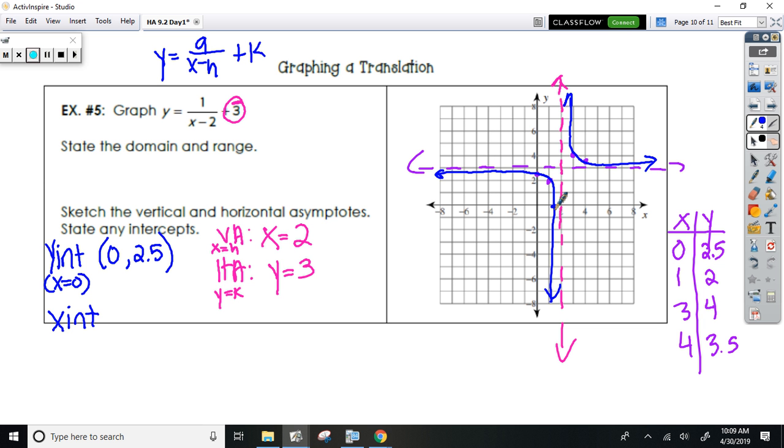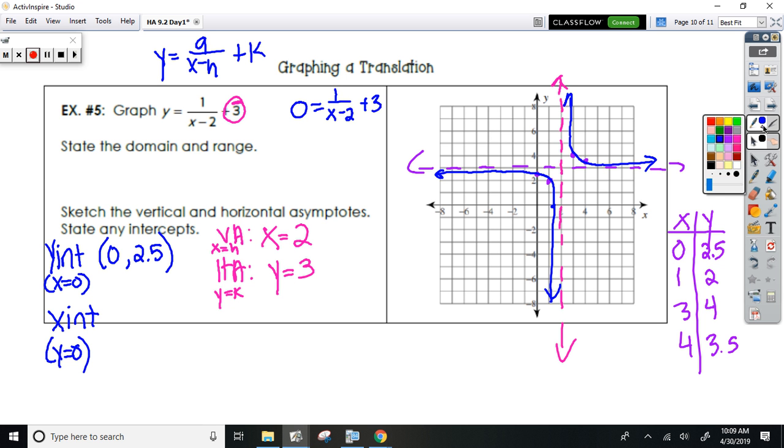For the y-intercept, we plug 0 in for x. So for the x-intercept, we would plug 0 in for y. So for this one, you probably want to do a little bit of algebra off to the side, maybe up here. So it would be 0 equals 1 divided by x minus 2 plus 3. You then need to solve for x.